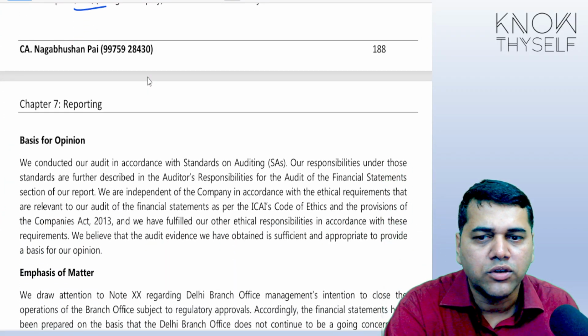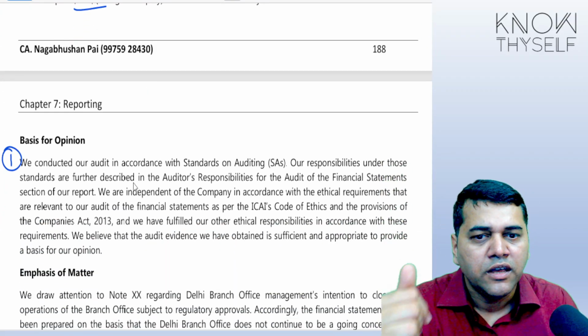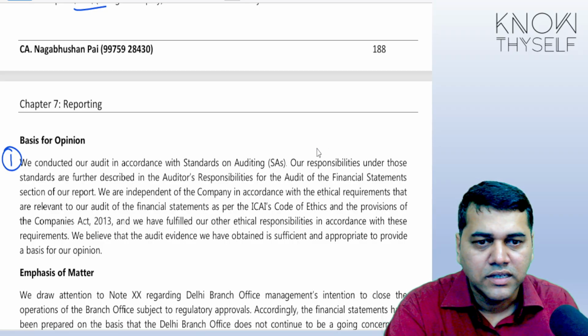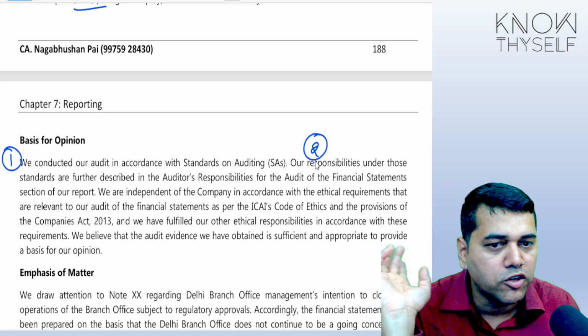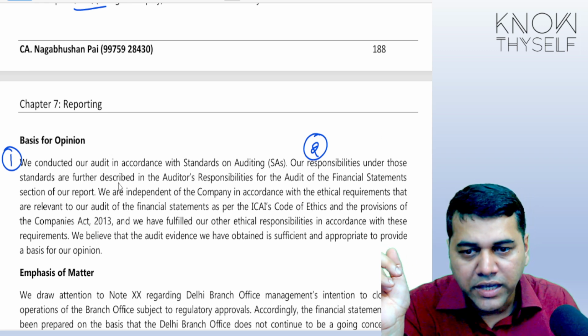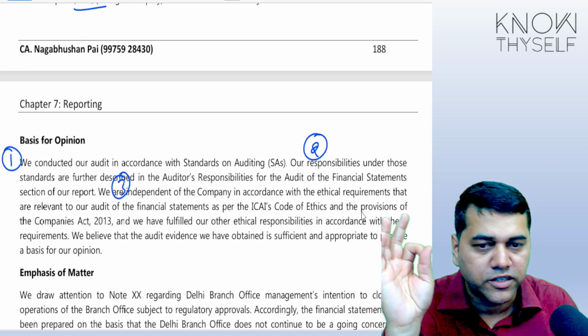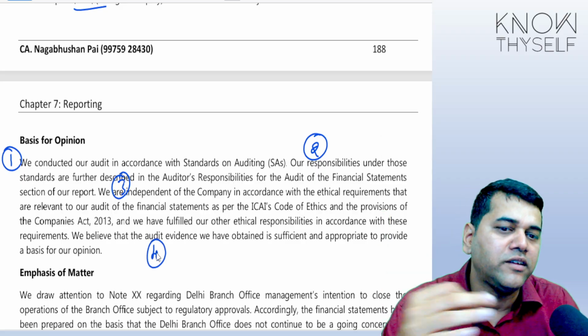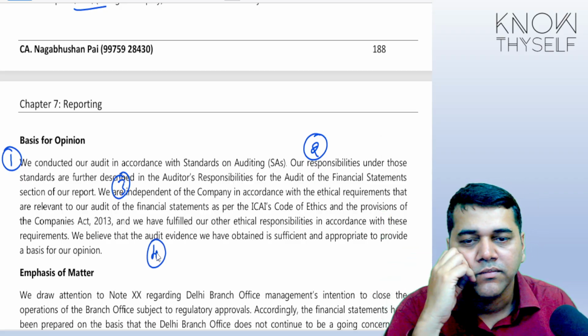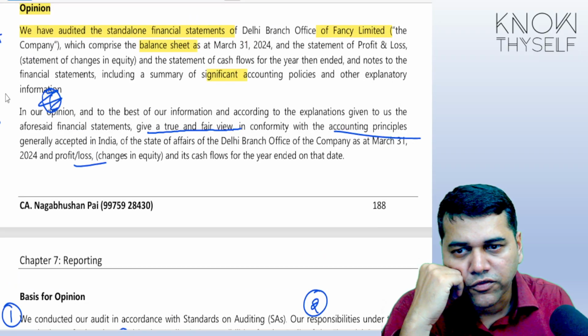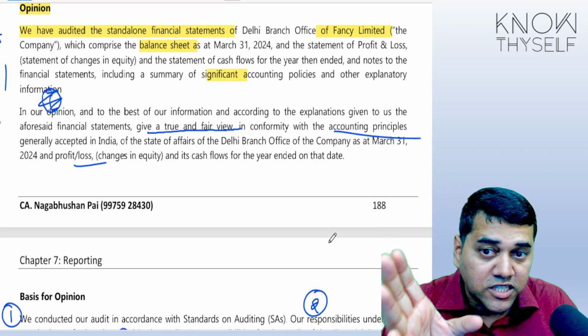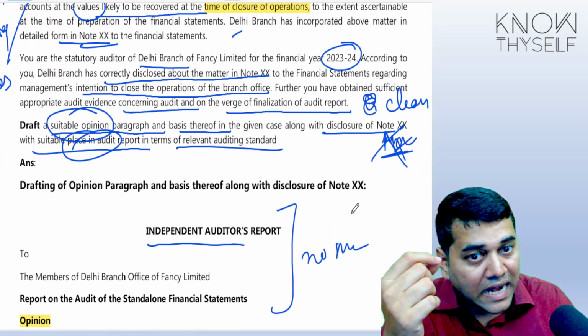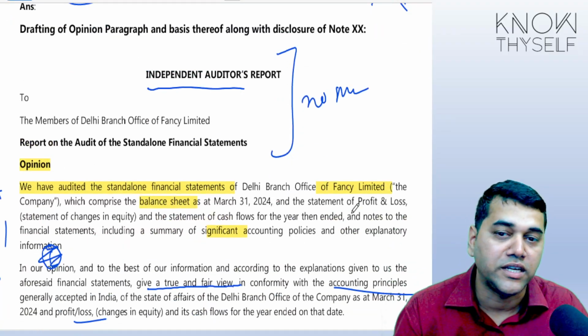There is nothing to quote. So you say, point number one, we have conducted the audit as per standards. Second, our responsibilities are told in the auditor's responsibility section. We are independent as per the code of ethics of ICAI, and we have obtained sufficient and appropriate audit evidence. Done. Students, have you not fetched 1 mark here, just to write the opinion? But you need to have the clarity that you should be issuing a clean opinion.